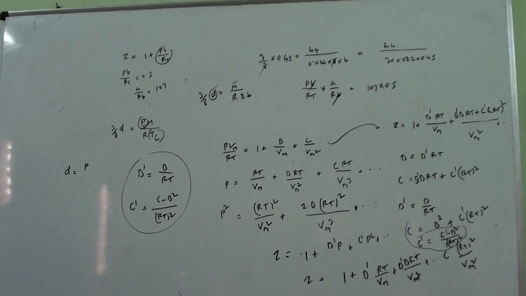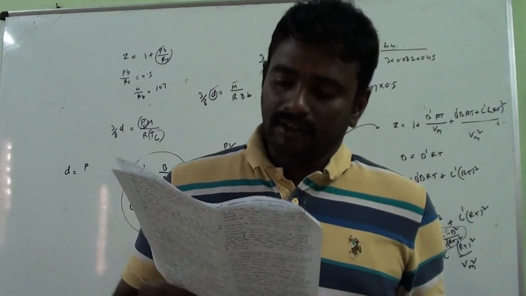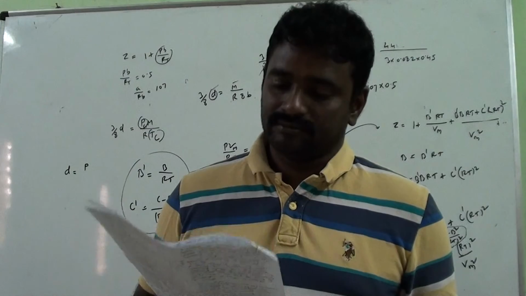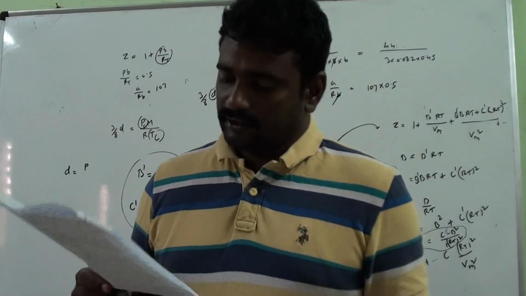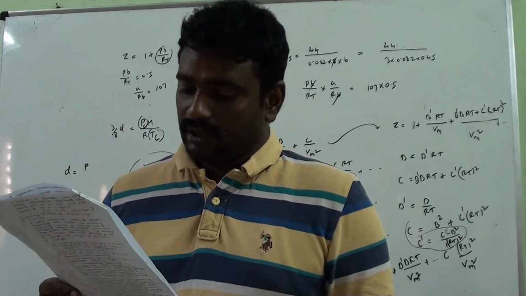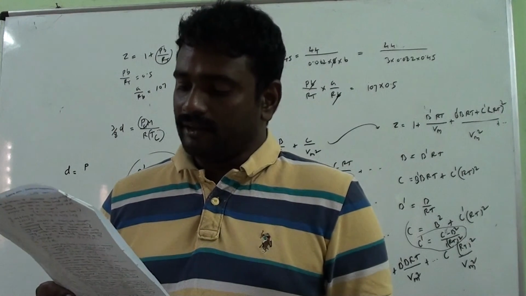Match the following: highest critical temperature. They are asking which has the highest critical temperature, so TC is 8a by 27Rb. What will A be for neon? Whichever has the maximum size, that is B, and SF6 is there. XeF4 also has a high B value. SF6 has the greatest size and the greater van der Waals constant B, so the option with B as 2. Now in this, NH3 is polar and must have the highest A value as well as critical temperature.